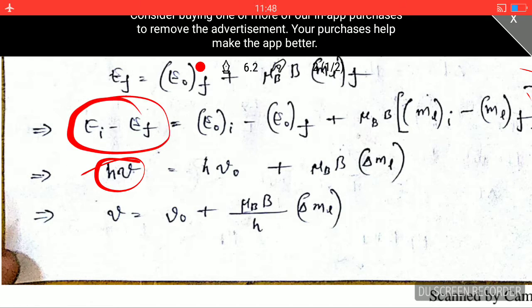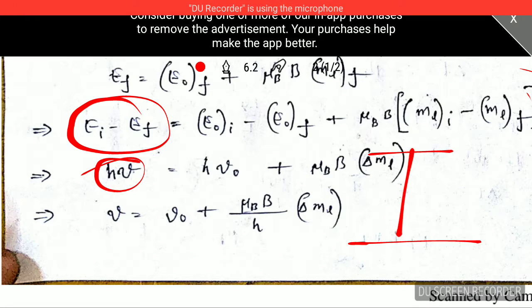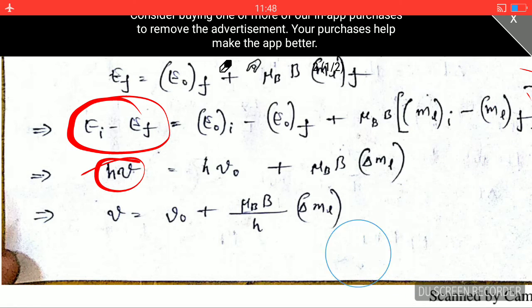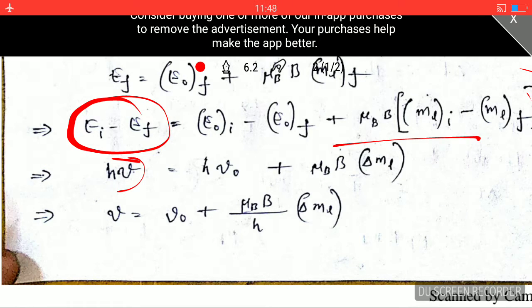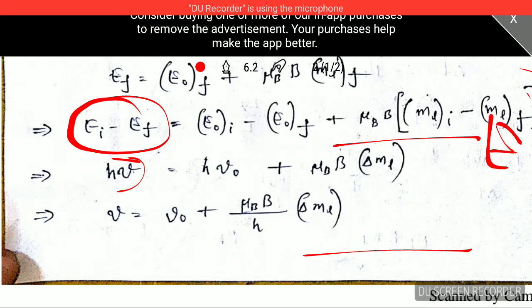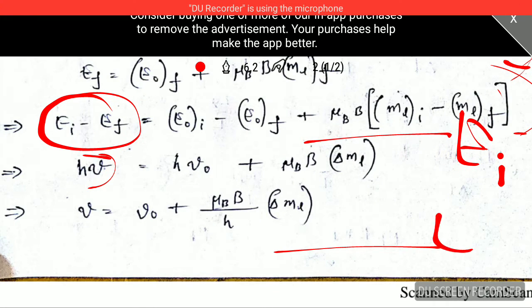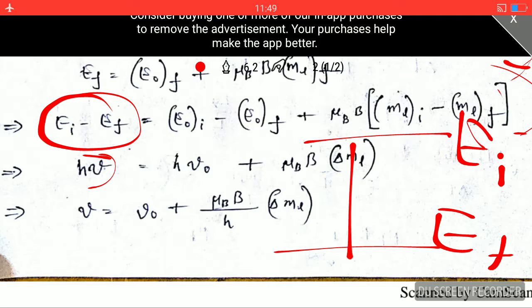According to quantum mechanics, when an atom makes the transition from the initial energy state EI to the final energy state EF, the difference of energy is emitted in the form of light, and that light carries the energy h nu.